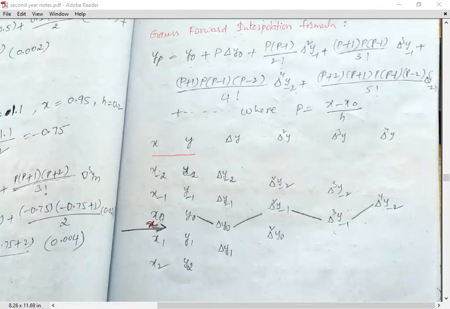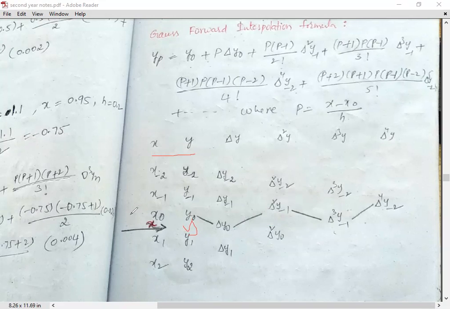That means for x and y, the set of x, y values above will be taken as x naught, y naught. And then from y naught, the forward differences can be chosen by following a pattern: down, up, down, up. We should follow the same pattern up to the last difference.